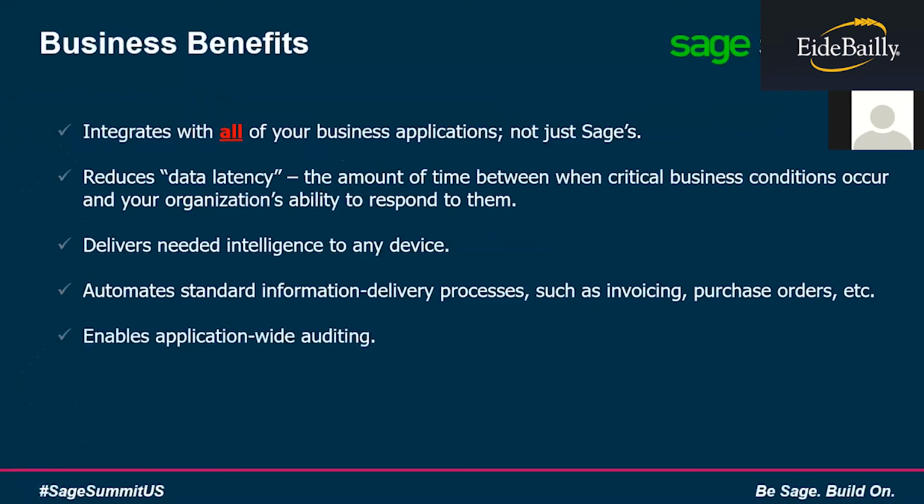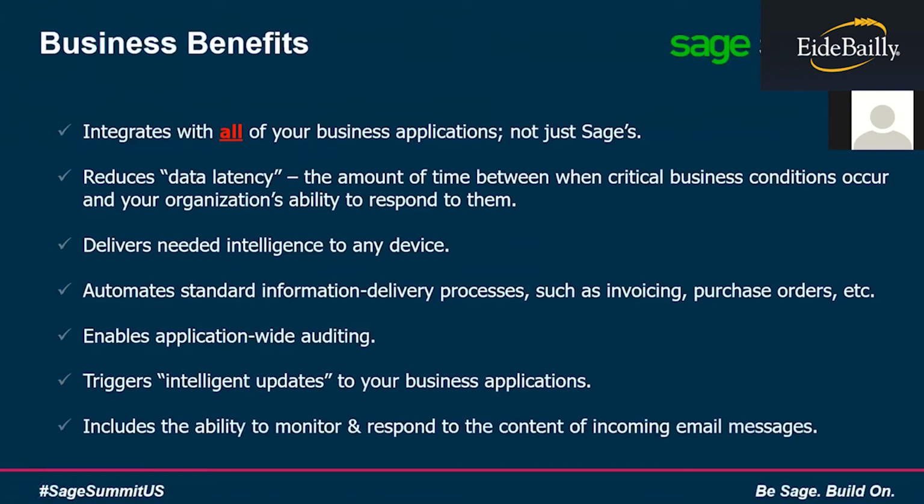It automates the process of form and document generation and delivery. It audits your Sage ERP application. For example, if you've ever had a client whose credit limit or credit status has changed, and you think to yourself, I wonder who changed it, when, and what they changed it from and to, Alerts and Workflow can do that automated auditing for you.